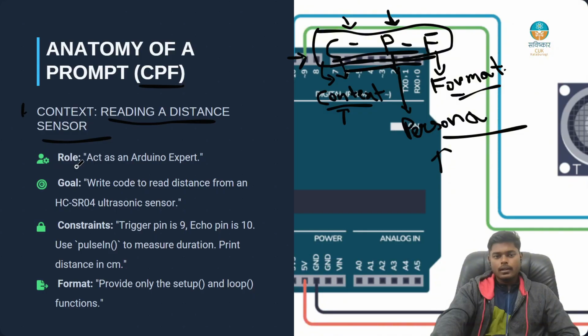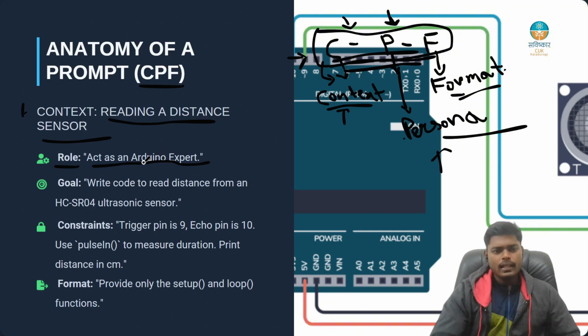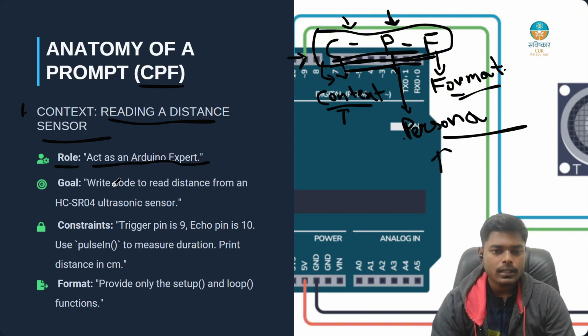Now I will set a persona, and I will say the role: act as an Arduino expert. So this is my role or persona. Then I will state a clear goal: write a code to read distance from an HC-SR04 ultrasonic sensor. This comes under the context.